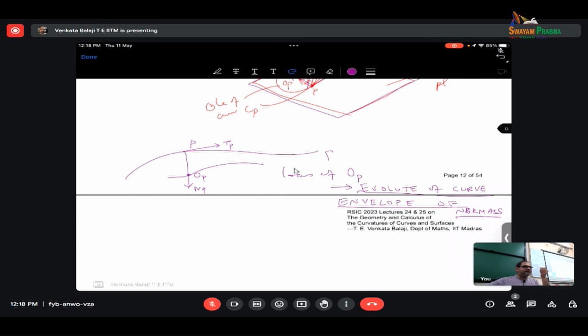You take nearby normals, and where they limit is the center of curvature. From that you can see that the envelope of a family of curves is a new curve which touches each of the original curves. So, the moral of the story is that you have the envelope of normals.